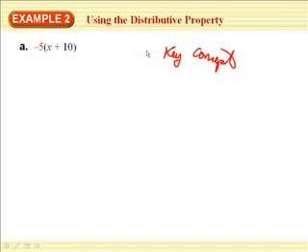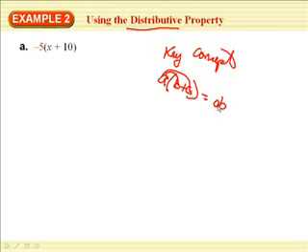So let's look at it in algebra. You can take a number and multiply by a sum, a times a sum. So what you do is you are going to distribute, which is why it's called the distributive property, a inside here by multiplication. You're going to go a times b, a times c.